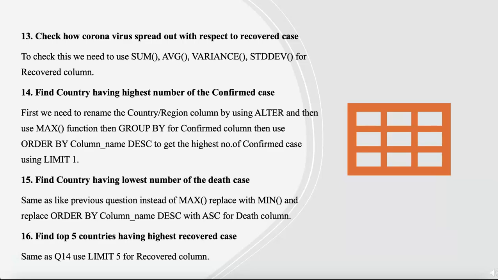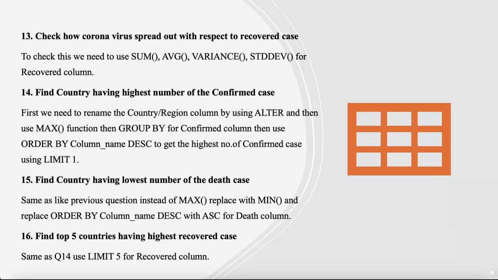After that, we need to use order by because to get the highest number of confirmed case column, we need descending order. And then next, if we want only the one highest number of confirmed case country, we need to use limit 1.